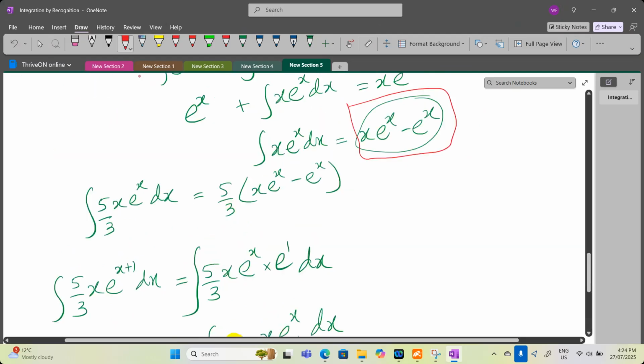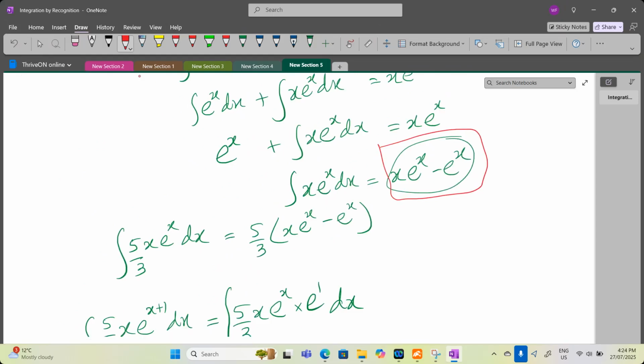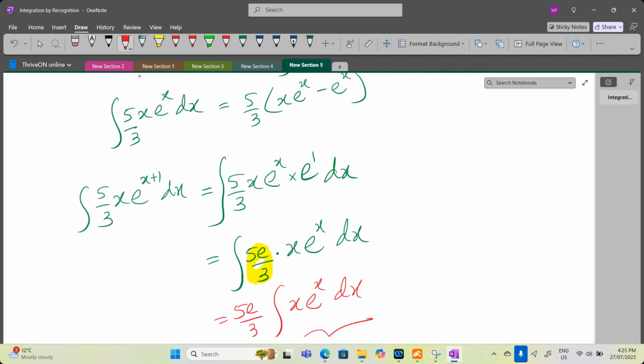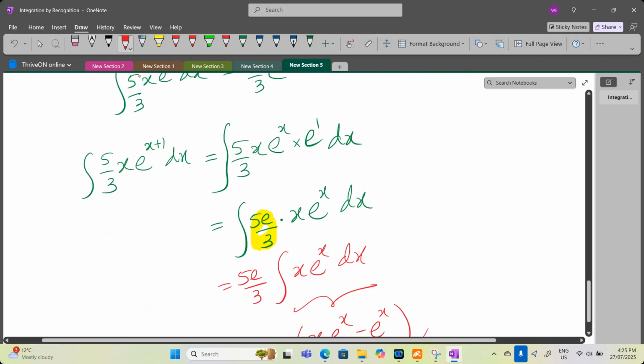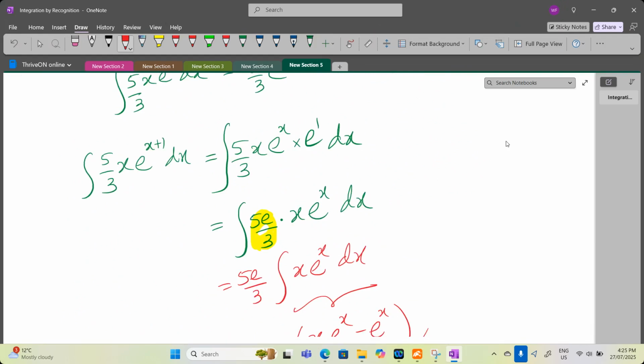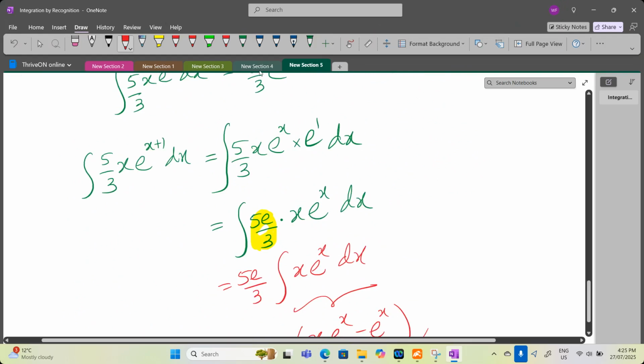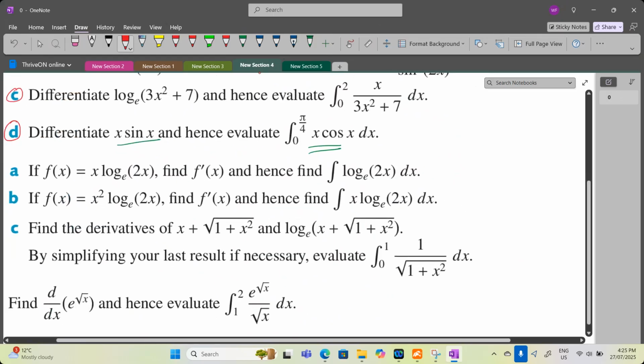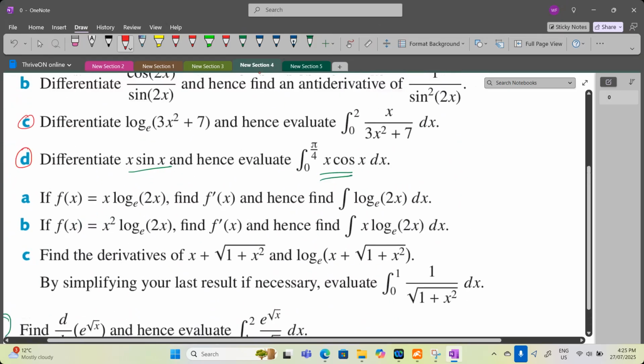If you just need 5 over 3 x e to the x dx, it's simply multiplied by 5 over 3, but e to the x plus 1 means you just have an e here. Do it this way. This is integration by recognition. Simple steps. Just try to do a few questions from here. There's nothing super hard other than that.